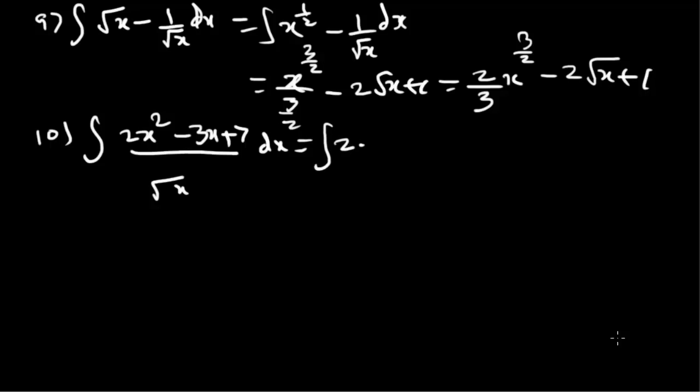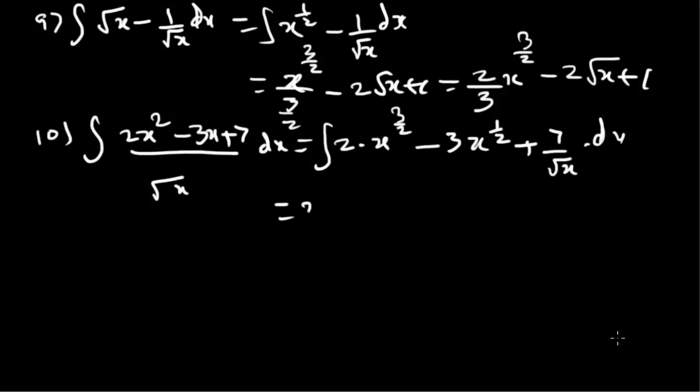Here x squared by root x is what? Root x means x power half, so 2 minus half is x power 3 by 2. Minus 3 into x by root x. x is root x into root x. One root x cancels. You get x power half. One root x remains. Plus 7 by root x into dx.